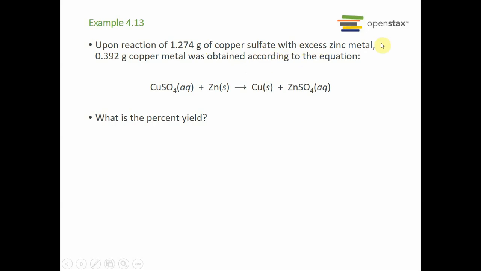And with excess zinc metal, we're not going to be concerned with zinc. We just say we have enough. And we produce 0.392 grams of copper metal. Well, that also needs to be converted into moles. That's one way to do it. Or we could convert this completely to grams of copper metal and use that ratio.